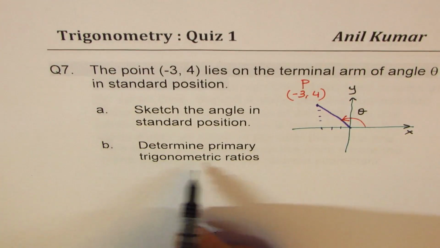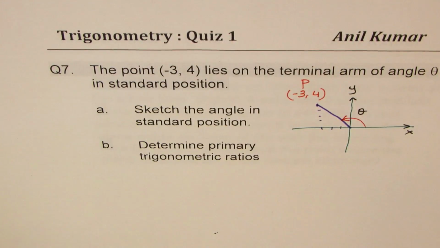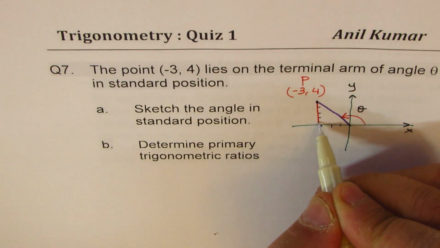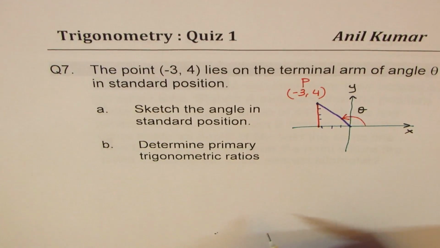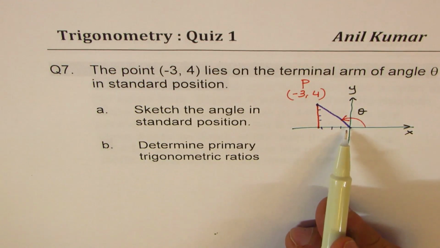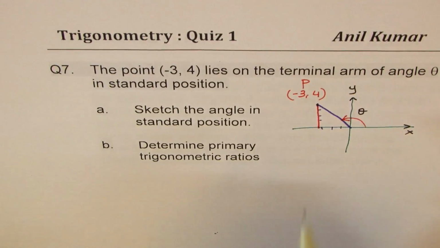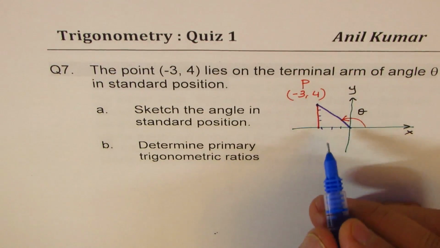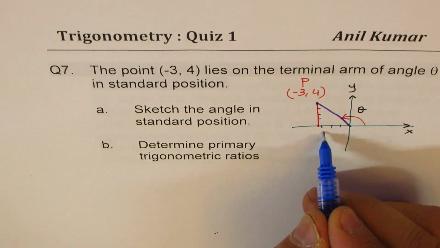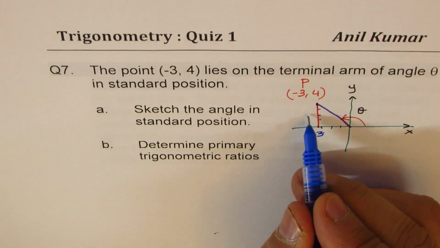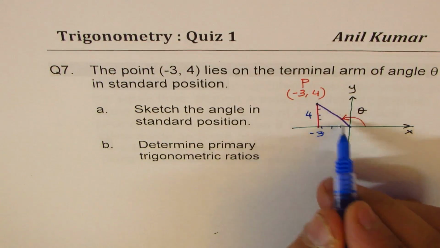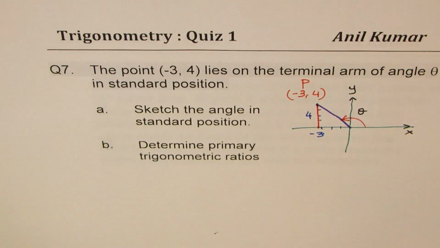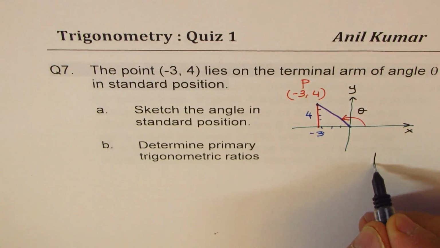Now determine primary trigonometric ratios. To find primary trigonometric ratios, we actually consider this particular triangle, correct? We know this side is minus 3 here, and that is 4. So we can find the hypotenuse.